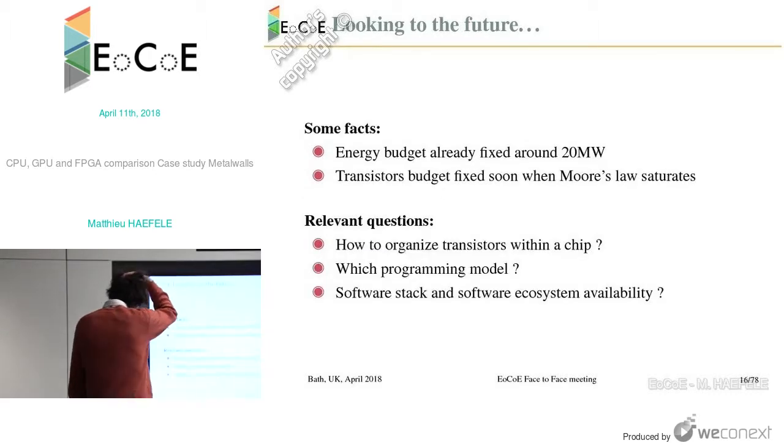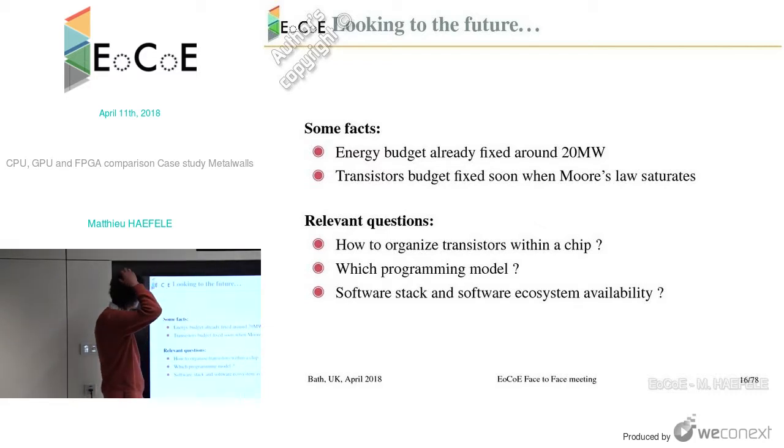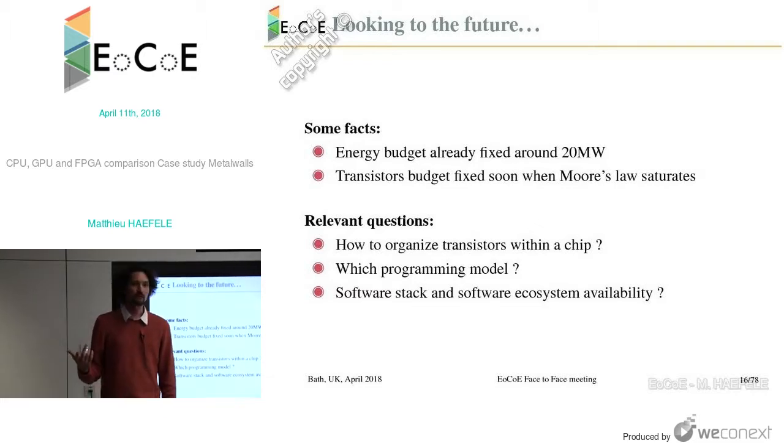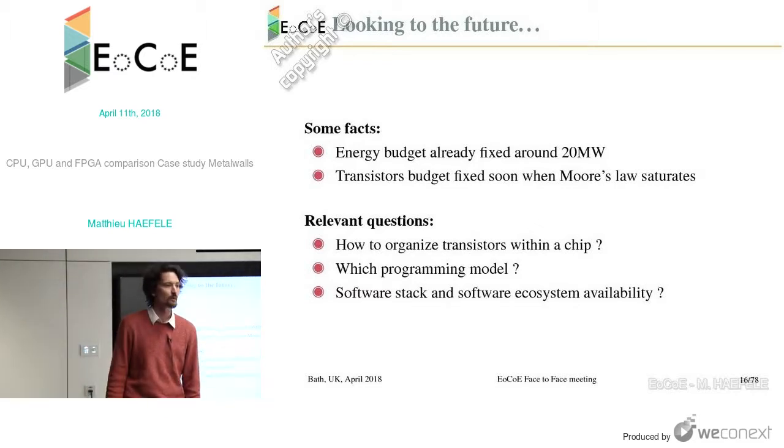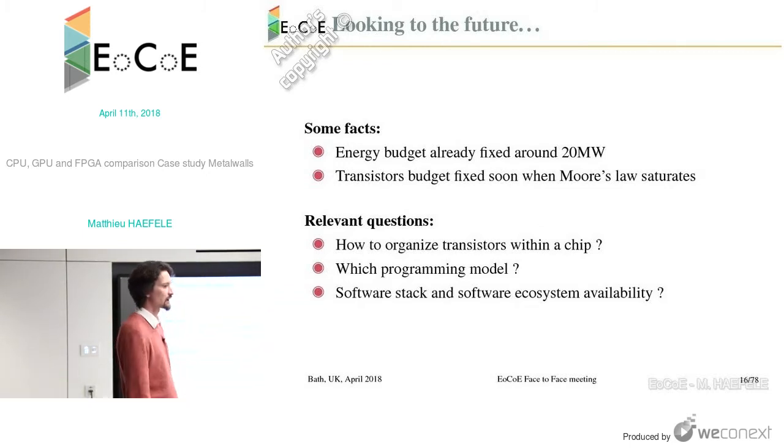Okay, and now if we look a bit into the future, we know already that the energy budget for a data center that will host a supercomputer is fixed around 20 megawatts. So that's kind of a hard limit.